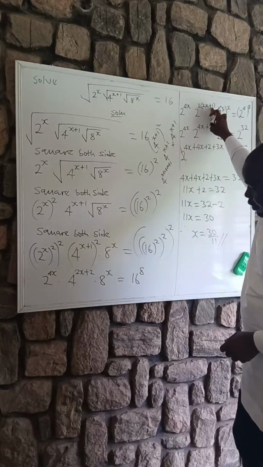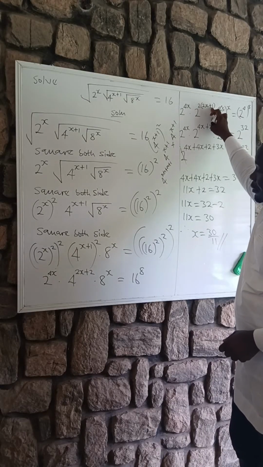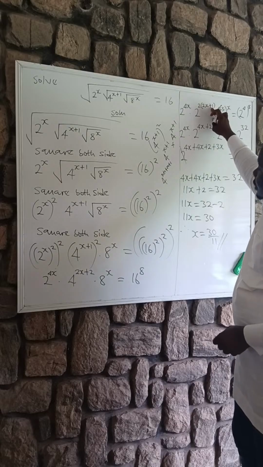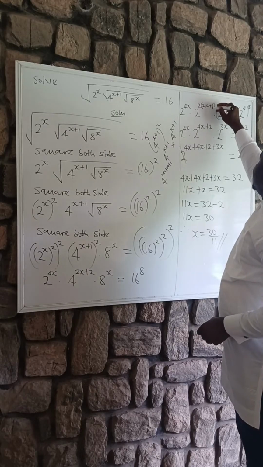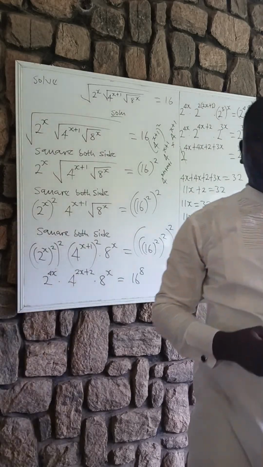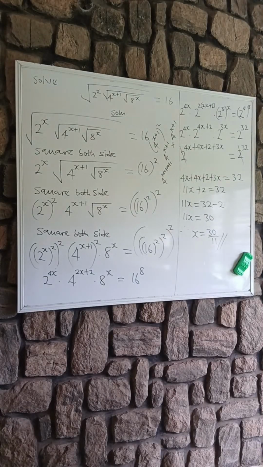Yeah. Here is supposed to be 2. Thank you. I've seen the mistake. Thank you very much. Not 1. I'm very grateful.